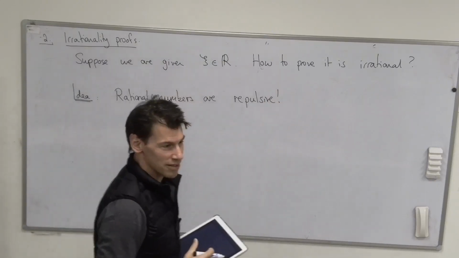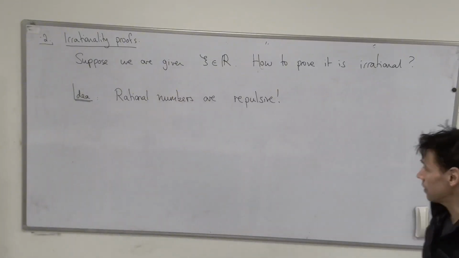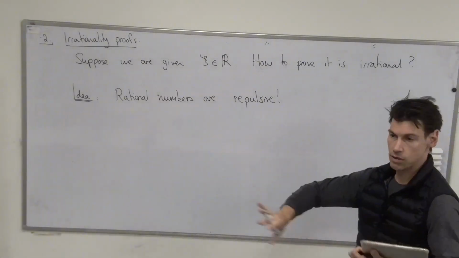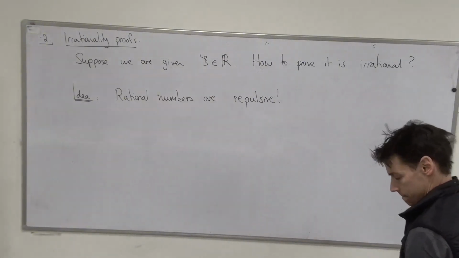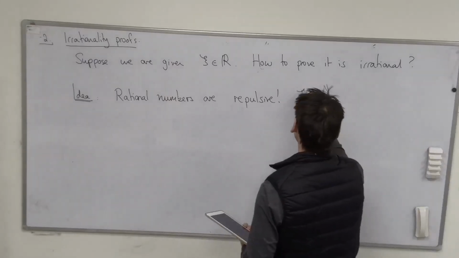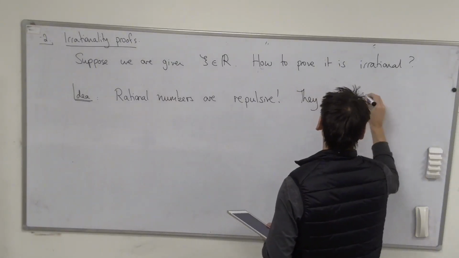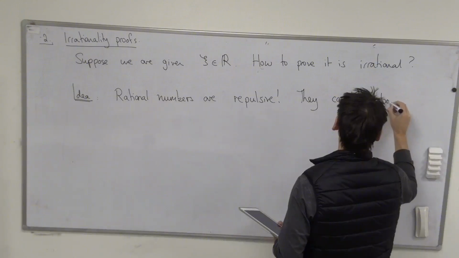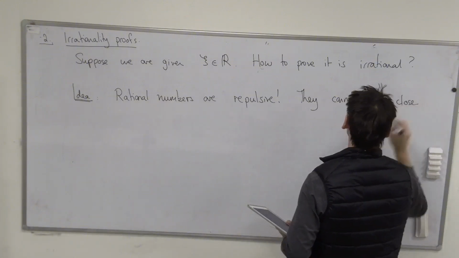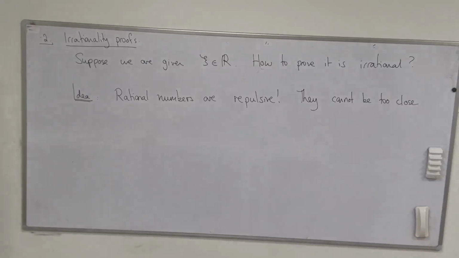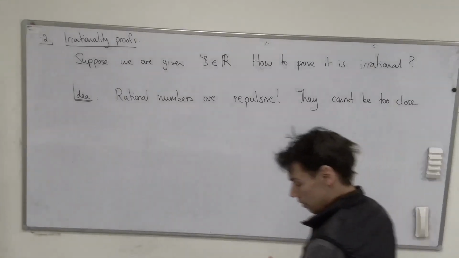Now, I don't mean repulsive as in that they are disgusting. It means that they repel each other. They don't like to be close to each other. So what that means is they cannot be too close. That seems like a very stupid thing to say. It's paradoxical because rational numbers can, of course, be arbitrarily close.